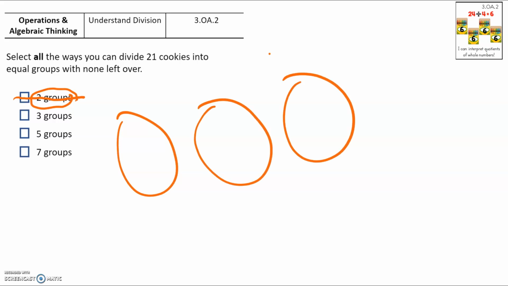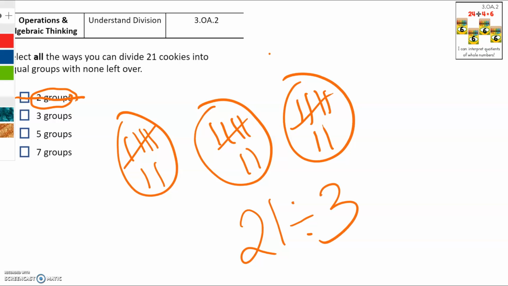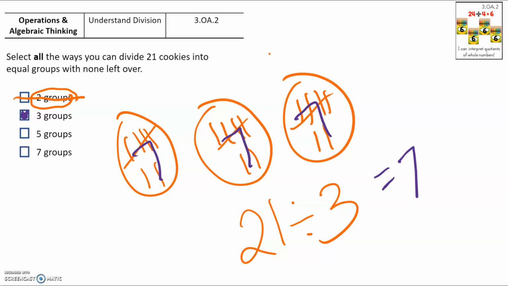And I'm going to share the 21 cookies. 1, 2, 3, 4, 5, 6, 7, 8, 9, 10, 11, 12, 13, 14, 15, 16, 17, 18, 19, 20, 21. And so we have 21 cookies divided between 3 groups, and in each group we have 7. So our answer would be 7. So this one is correct. So I'll fill in the little box right there.